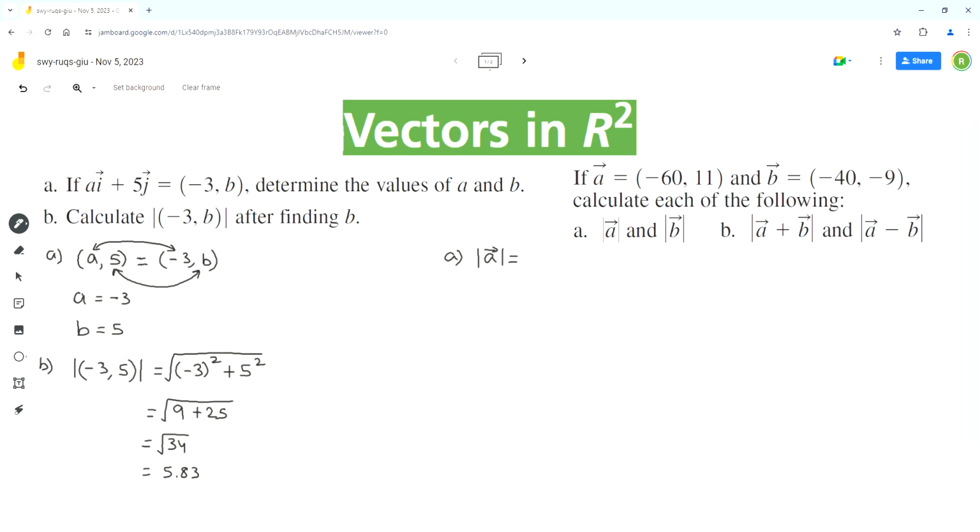So we should square the x and y components of vector a, add the squares and apply the square root to the sum. Now we can simplify this expression.